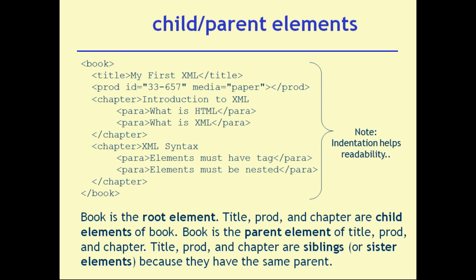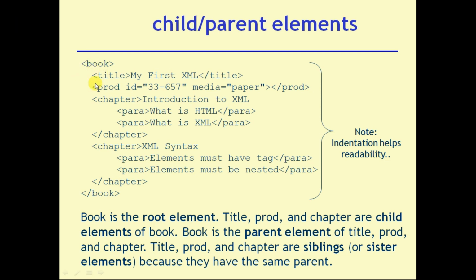Okay, and here we can have one more, the child. What is the difference between child and parent elements? As you all know, here book is a root element, and title, product and chapter are the child elements of a book, right? And you can also say that book is a parent element there.